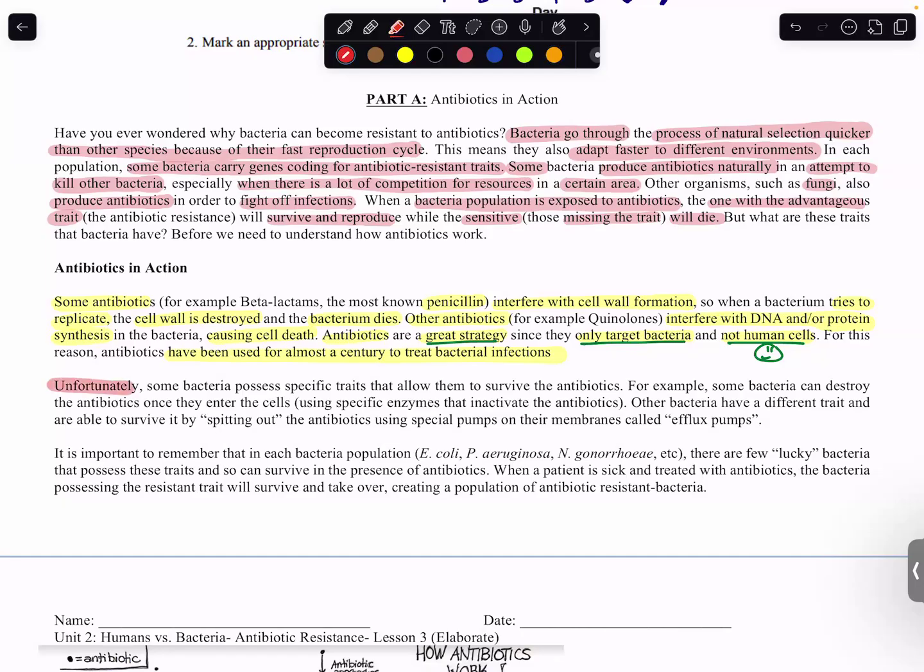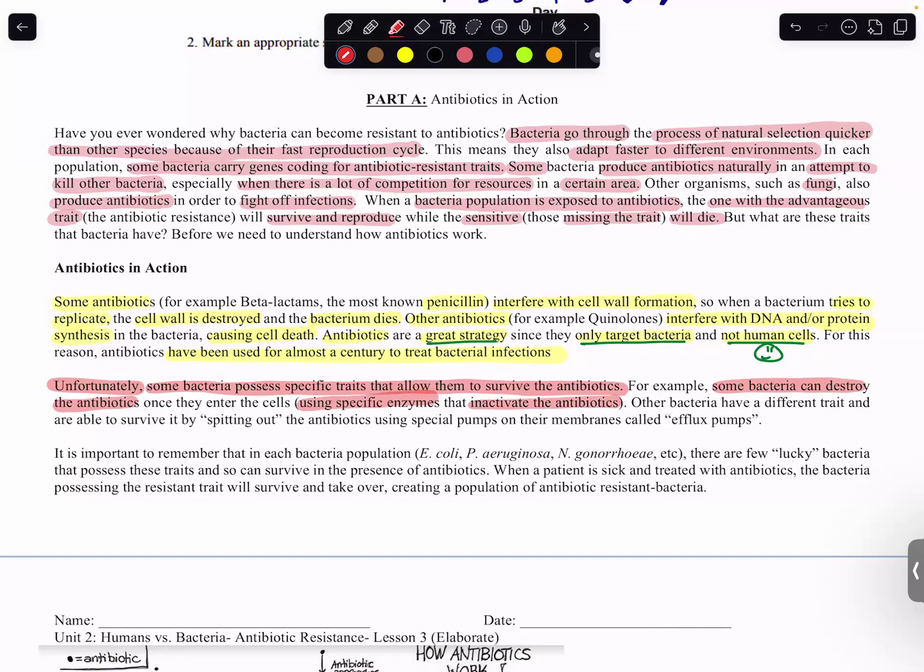Now, unfortunately, some bacteria possess specific traits that allow them to survive the antibiotics. For example, some bacteria can destroy the antibiotics once they enter the cells using specific enzymes that inactivate the antibiotics.